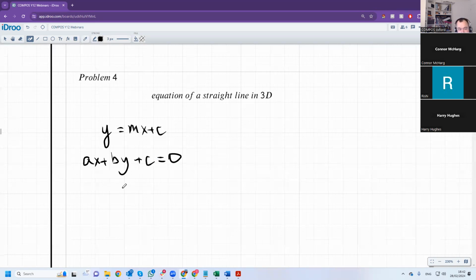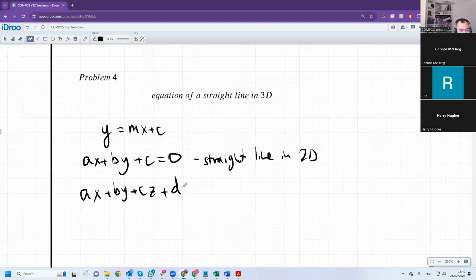It is very tempting to assume that this is a straight line in 2D. It's very tempting to assume ax + by + cz + d = 0 is a straight line in 3D.